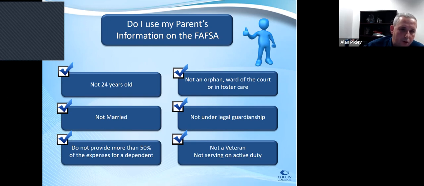If you're not 24, then it's going to ask, are you married? If you're not married, it's going to ask you some of these additional questions. So if someone is an orphan or a ward of the court or in foster care, that status would cause that student not to have to include parent information on their FAFSA.